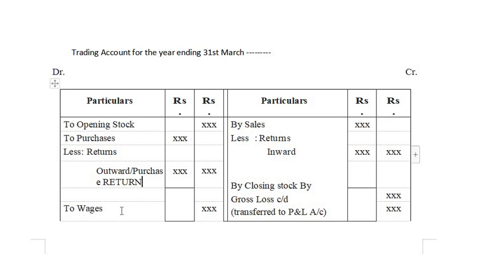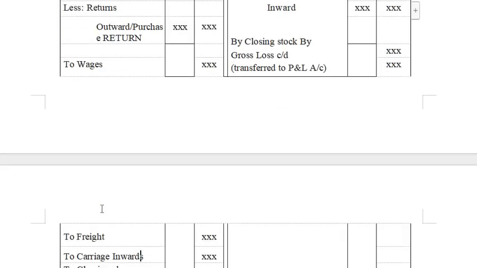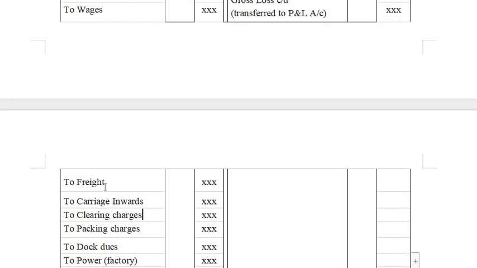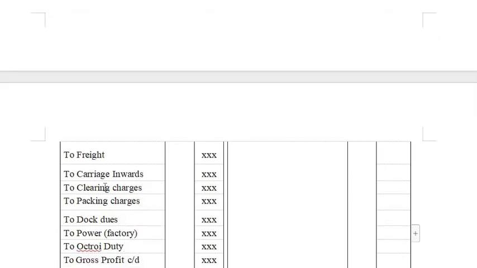Apart from that, these two are important information. Then, you have to write the expenses incurred at factory level here. I can say wages, freight, carriage inward, clearing charges, packing charges, dock dues, or any term that starts with factory or manufacturing, you have to consider under here only. Also octroi duty.